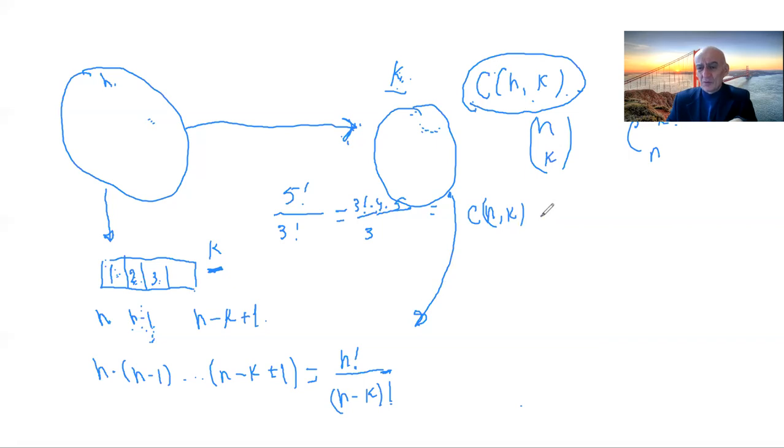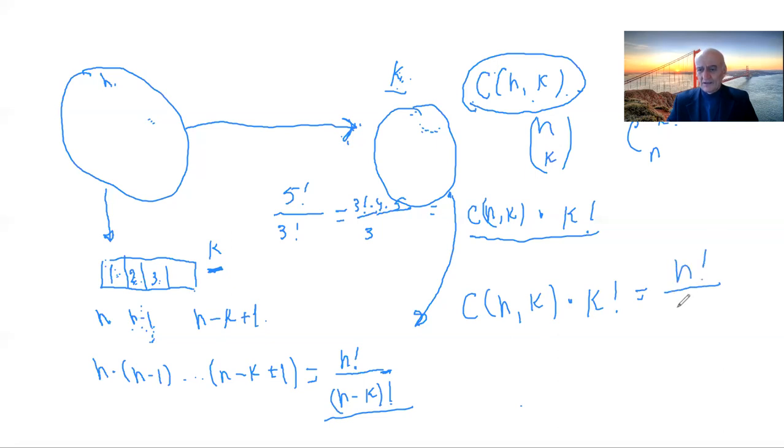So I should multiply it by k factorial. Now I can equate this expression with this expression, and it's going to be C n k times k factorial equals n factorial divided by n minus k factorial.